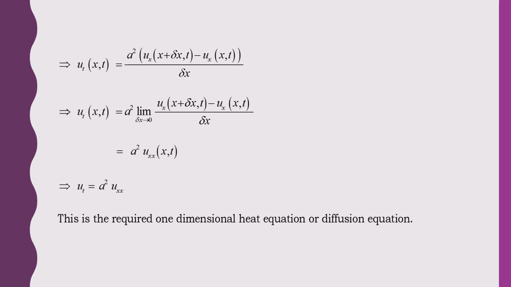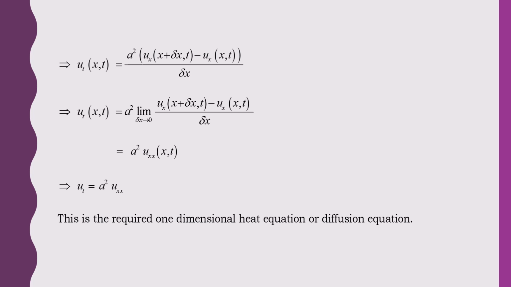Now we have previously selected a small portion of the pipe between the positions x and x plus delta x. If we let delta x tends to 0, we get u sub t of x comma t equals a square times limit delta x tends to 0 u x of x plus delta x comma t minus u x of x comma t upon delta x.